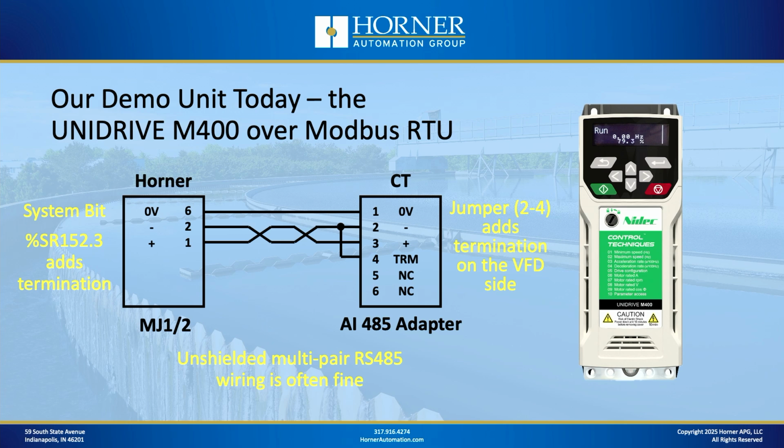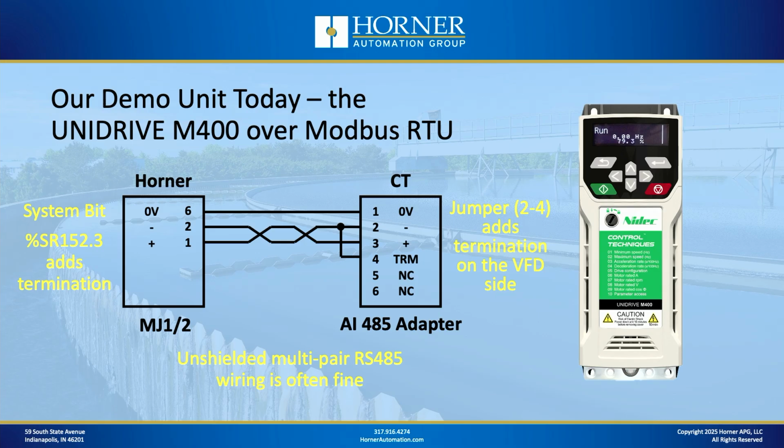Now, another thing with RS-485 is that you have termination to deal with on the physical ends of the network. So if you have a CT drive at the physical end of your RS-485 network, you'll need to add termination, and you can do that by adding a jumper between pins 2 and 4 on the CT side. That puts a 120 ohm resistor in the circuit.